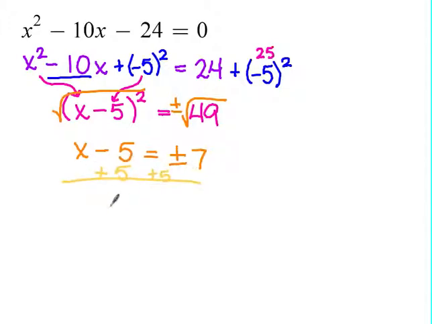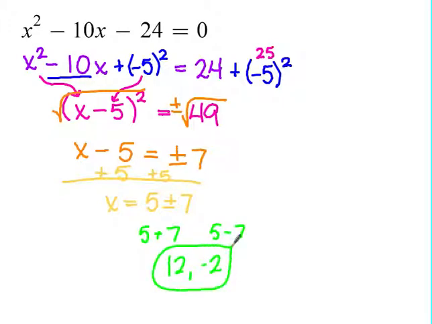So I end up getting x to equal 5 plus or minus 7. So I've got two solutions. The first solution is 5 plus 7. Second solution will be 5 minus 7. So my two answers are 12 and -2.